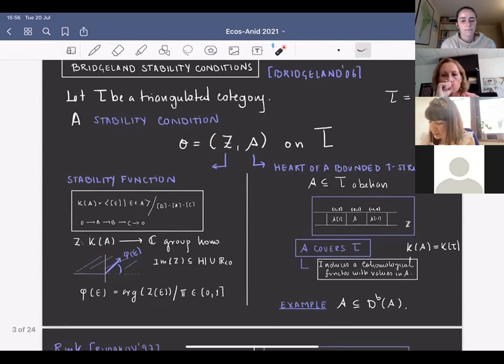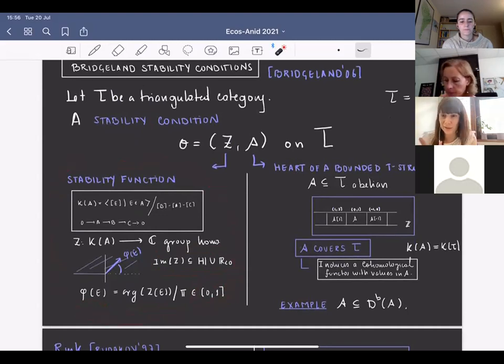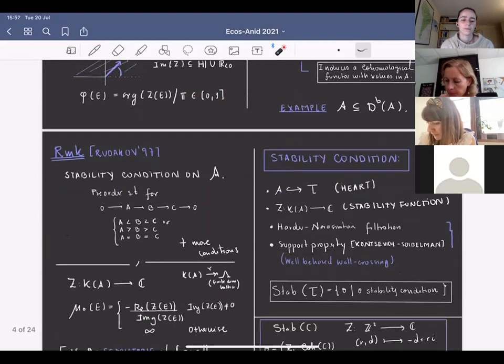This group homomorphism has the property that the image is contained in the upper half plane together with the negative real line. We define the phase of every object as the argument over pi, so it's going to be between 0 and 1. Let me try to explain why the stability function makes sense, or how I see it.